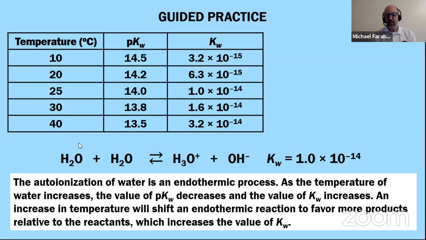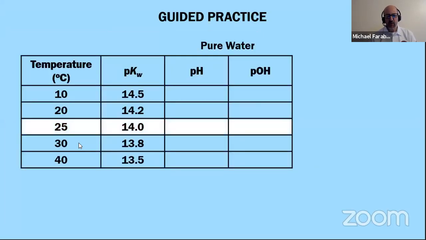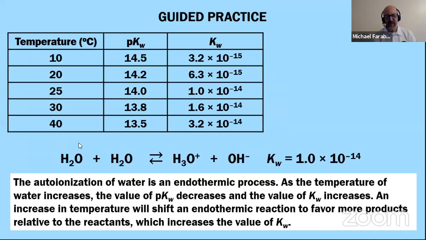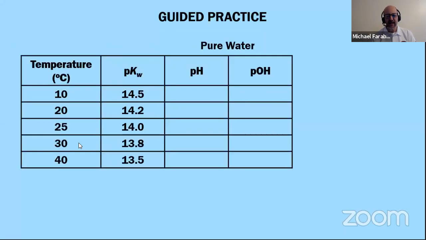So how does this affect pH? Well, on the next slide, you can see that I'm showing you different temperatures, and we have the same pKw values I showed you on the previous slide. So now, on the previous slide, we talked about the Kw. Let's talk about pH and pOH. 14.2, half of that is 7.1.